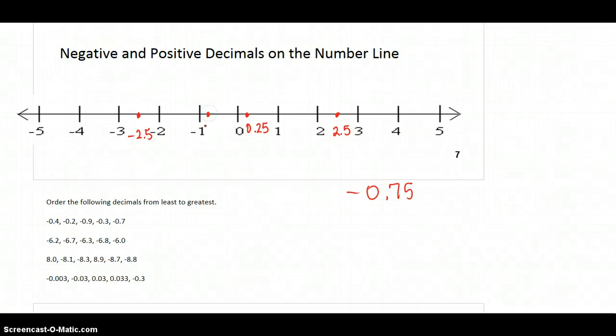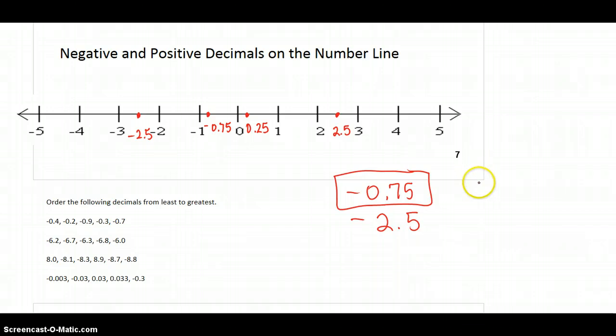It'd be about right here. So you can see that just like with our whole numbers, once we start putting negatives in front of them, the larger the number looks, the smaller the value. So if I'm looking at negative 0.75 and negative 2.5, which one is going to be bigger? Negative 0.75 is actually bigger than negative 2.5.